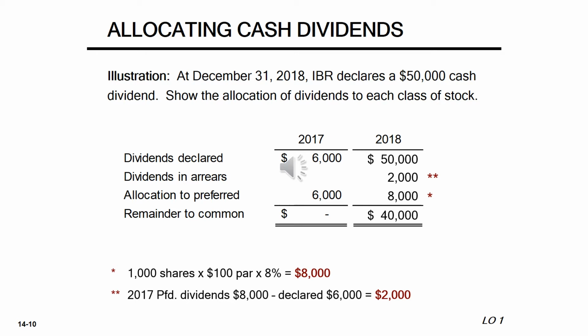So that is going to be our dividends in arrears, and then the allocation to preferred for the current year, 2018, is going to be the actual amount we calculated from the previous slide, which is $8,000. So for this year, we're going to give the preferred stockholders $10,000. That $10,000 is going to be taken out of the $50,000 that we allocated to the dividends. So the remaining $40,000 is going to go to common stockholders.